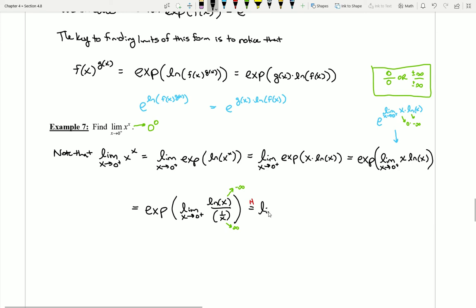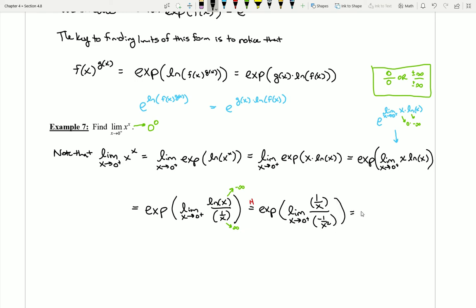So if I use L'Hopital's rule, oops, forgot my exp, I'm going to have exp, so e to the power of the limit as x approaches 0 from the right, with 1 over x in the top and a negative 1 over x squared in the denominator.